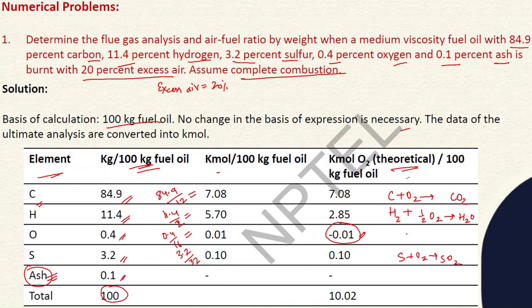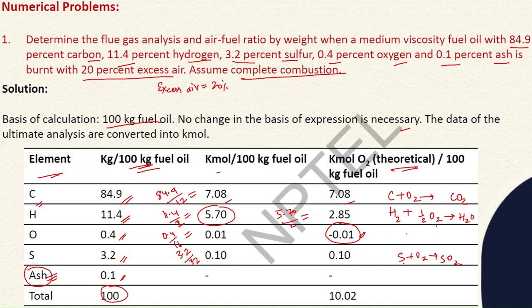So 1 mole of carbon requires 1 mole of oxygen for combustion, so 7.08 moles will require 7.08 moles of oxygen. Then 1 mole of hydrogen requires 0.5 mole of oxygen, so 5.70 by 2 moles of oxygen will be required for 5.70 moles of hydrogen, which is 2.85.